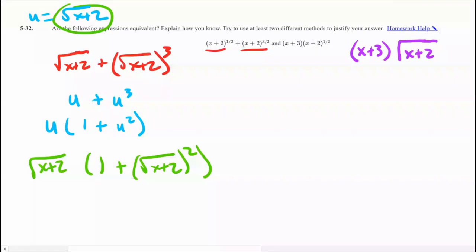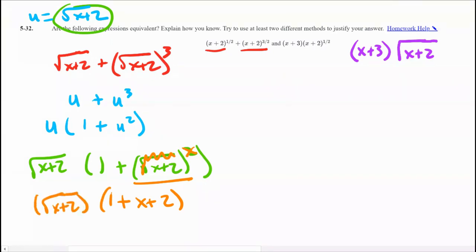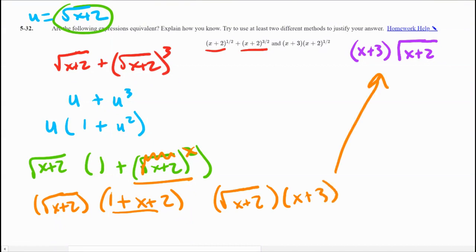And now the square root of x plus 2 squared, the radical and the square cancel each other out. I'm left with just 1 plus x plus 2 times the square root of x plus 2. And when I simplify this, I get the square root of x plus 2 times x plus 3, which is the same thing here.